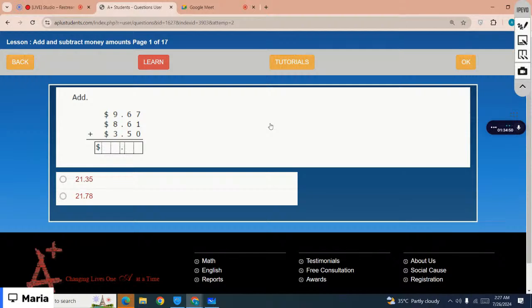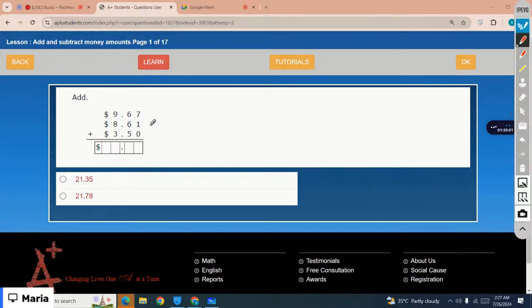The correct option is, let's just add, like we add simple numbers. They are already written one above the other, arranged according to the decimal point, right? So 7 plus 1 is 8. 6 and 6 is 12, and 5 is 17, carry 1, 9 and 1 is 10, 18, 19, 20, 21. That is 21.78, right? No one is answering the questions. What happened? The correct option is option number 2, that is 21.78.